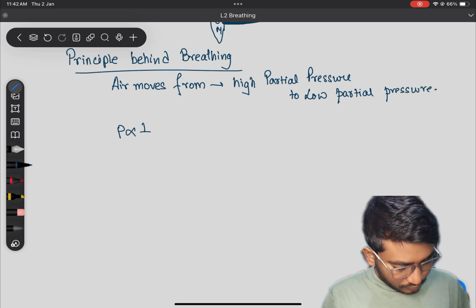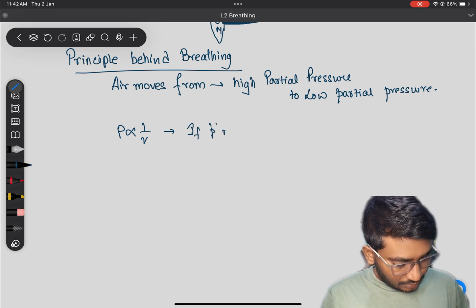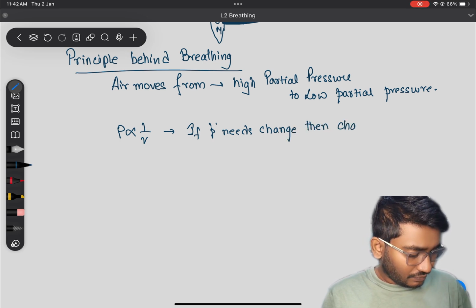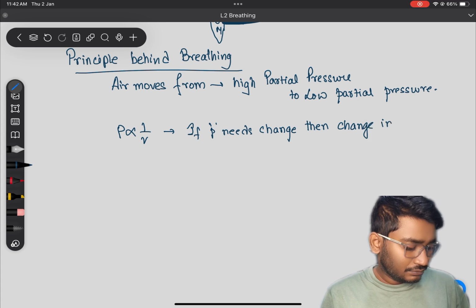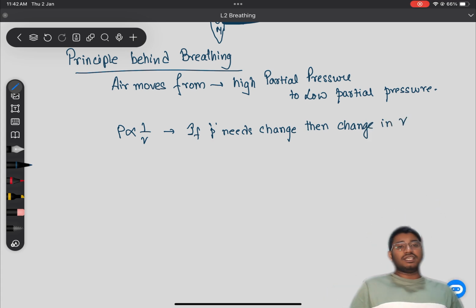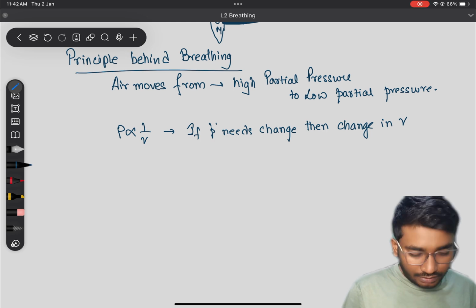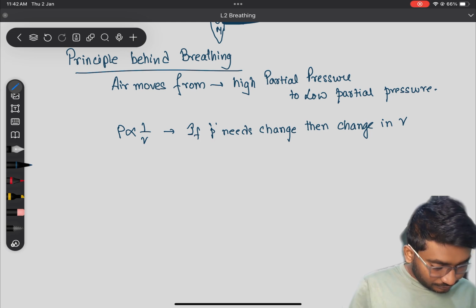So P is proportional to 1 by V. If P needs to change, then V must change. So if I need to change the pressure, I need to change the volume. If the volume is changed, the pressure will also automatically change.